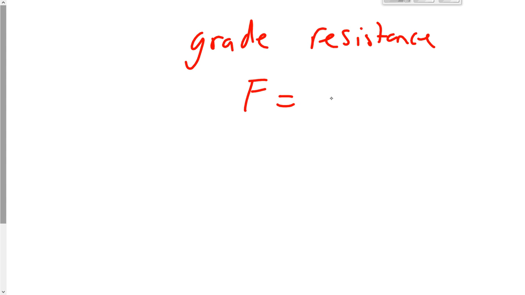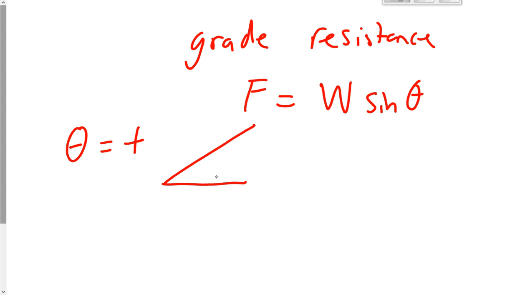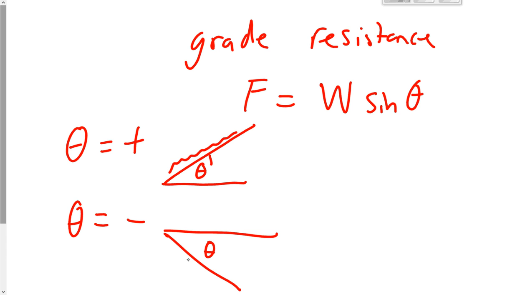Force is equal to W, which is the weight of the automobile, times sine of theta, where if theta is positive, then we're driving uphill. If theta is negative, then we're driving downhill.